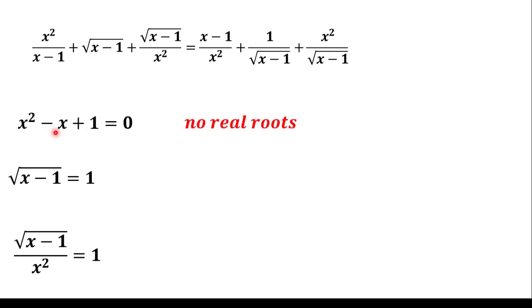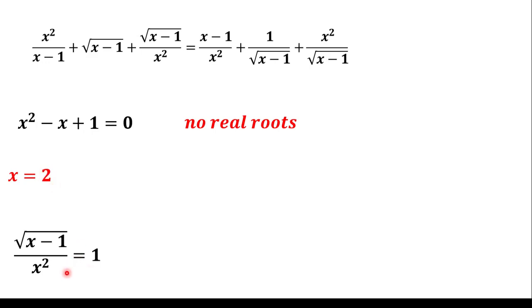The discriminant of this equation is less than 0, so this equation has no real roots. To solve the second equation, we need to square both sides of this equation, so we get x minus 1 equals 1 and x equals 2.